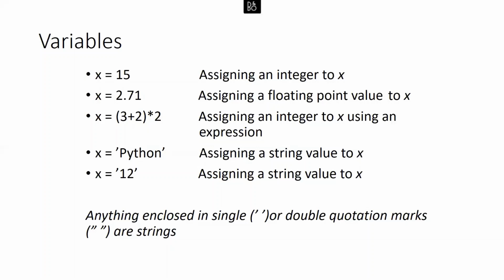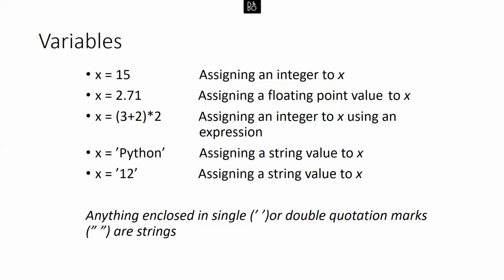In the third line, we see the use of an expression on the right-hand side of the assignment operator. When you have an expression on the right-hand side, the expression is first evaluated, and then the value, in this case 10, is assigned to x. In the following line, we have the assignment of a short text, a string.